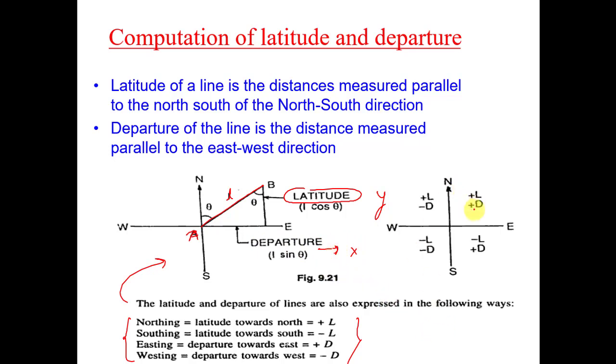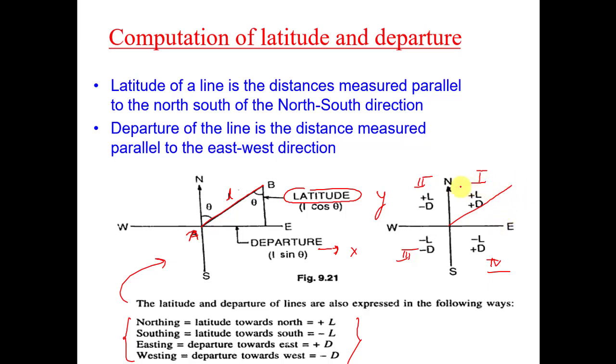And we have different quadrants: this is the first, second, third, and this is the fourth. If there is a line like this, this line has a departure as well as latitude.